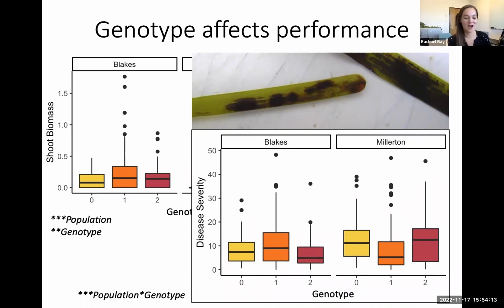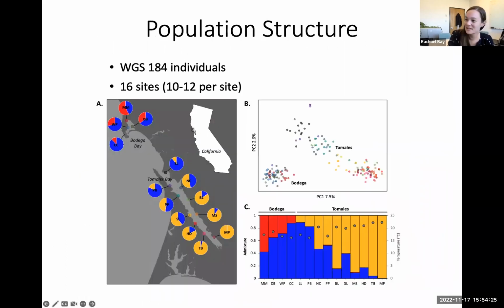Yeah, so I actually think the population structure is one of the reasons that the Bodega SNPs might be more predictive than the Tomales SNPs. Let's see if I have a plot of population structure here. Isolation by distance along Tomales is super strong, and it covaries with our temperature gradient.